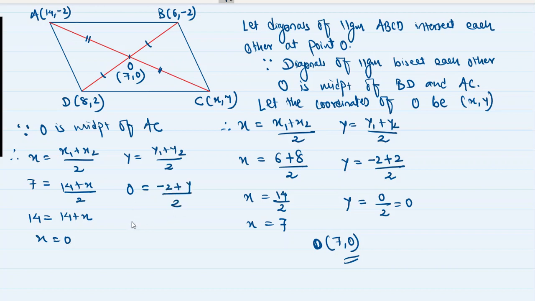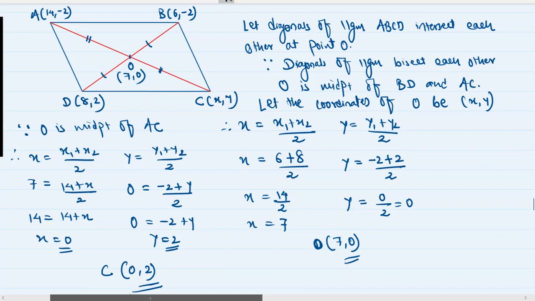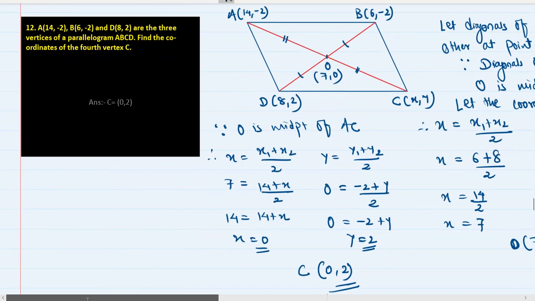So 2 into 0 is 0, equal to minus 2 plus y. So y is equal to 2. So coordinates of point C, that is the fourth vertex of the parallelogram, are 0 comma 2. Fourth vertex of parallelogram has the coordinates 0 comma 2. Let's check. Yes, it is absolutely correct.